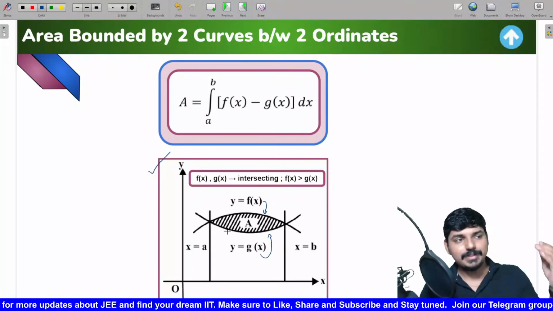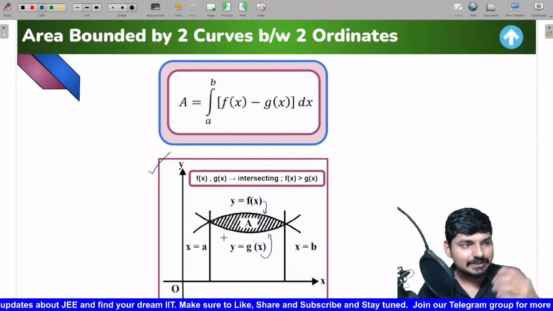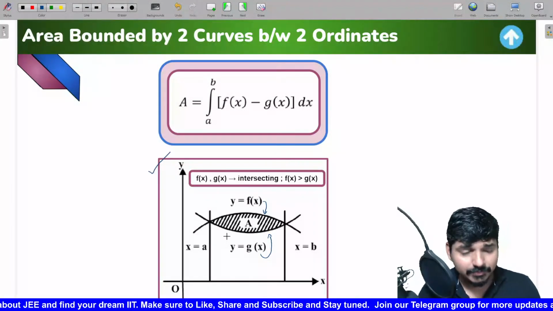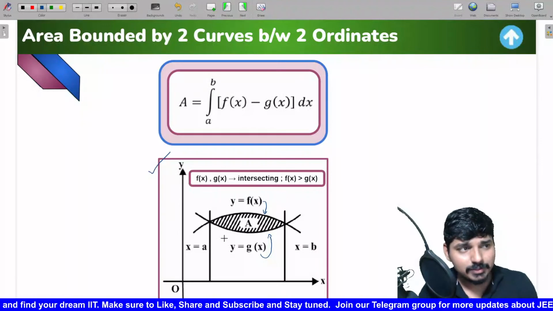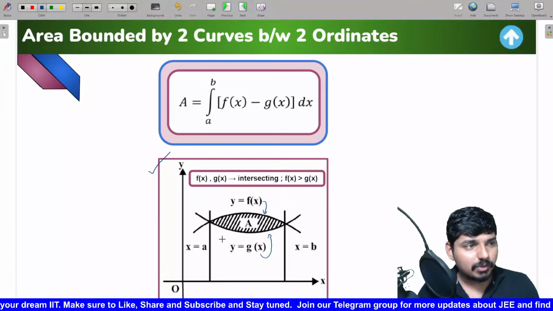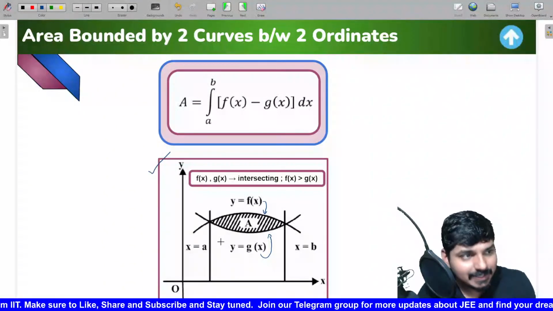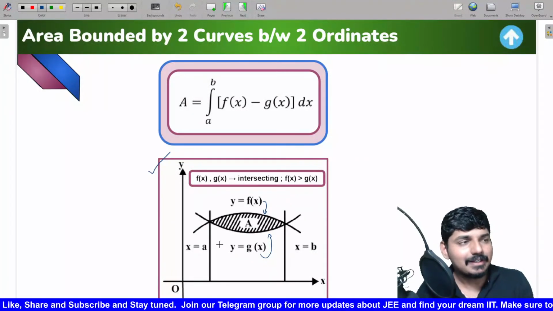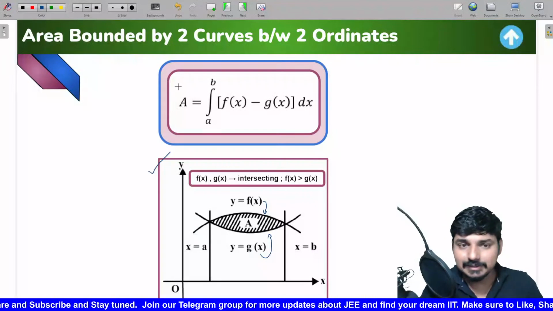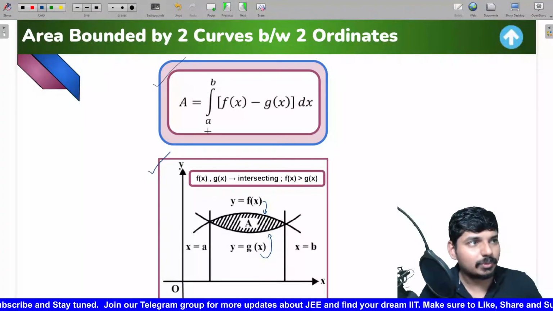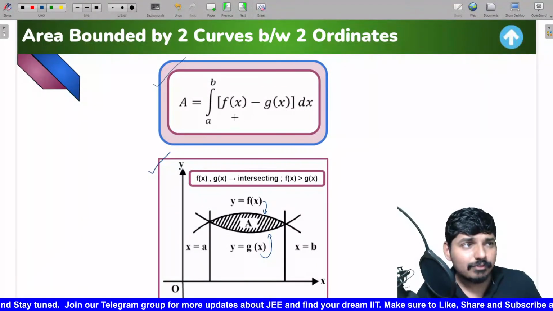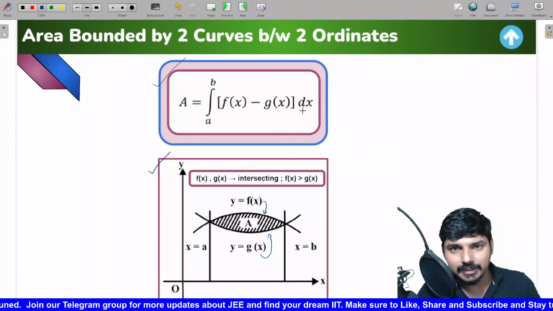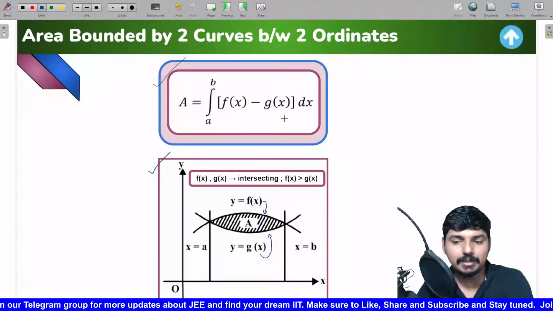Between the limits x equal to a and x equal to b, you can find the region bounded by these two curves, f of x and g of x. In this case, to find the area you use this equation: area is equal to integration from a to b of f of x minus g of x into dx. This is very easy to understand.